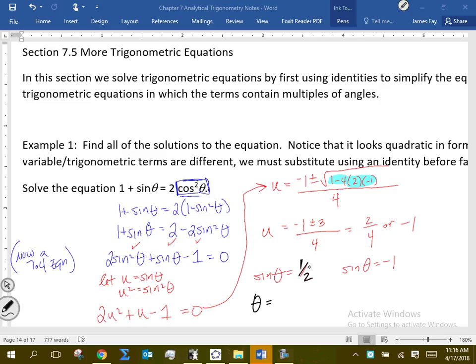What angle will give you a y value of 1/2 on the unit circle? Pi over 6. Okay, that's in the first quadrant. Where else is the sine positive? Second quadrant, right? So what angle is a reflection of pi over 6 in the second quadrant? 5 pi over 6. Okay?